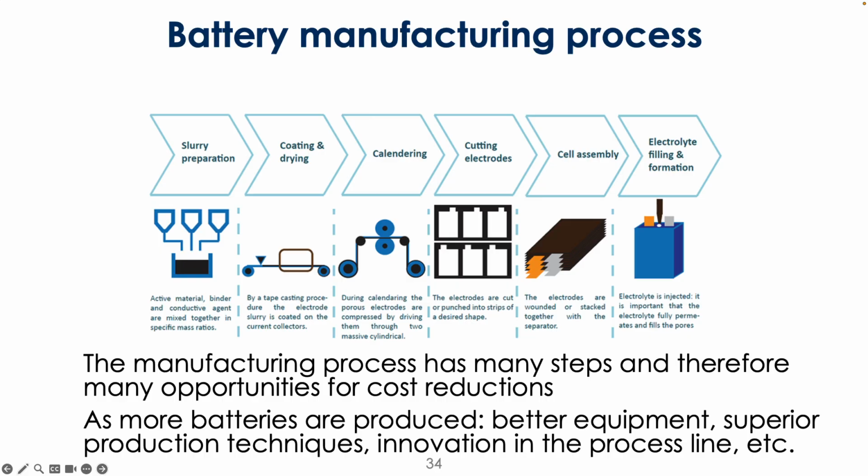So you can see there are quite a few steps in the manufacturing process. Generally speaking, when lithium ion batteries were first becoming commercially available, they were very expensive. There are many areas for cost reduction, from just learning how to do it better to upsizing the manufacturing process so you get economies of scale. All of these steps are potential areas for reducing costs.